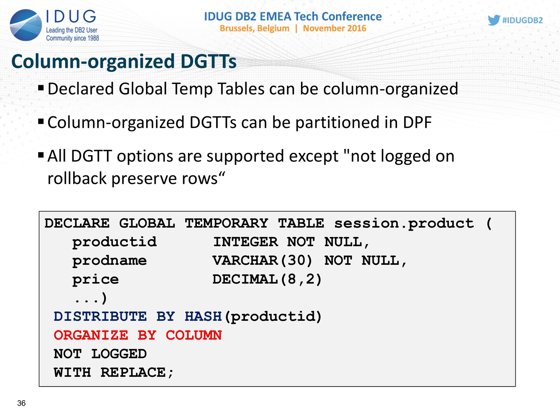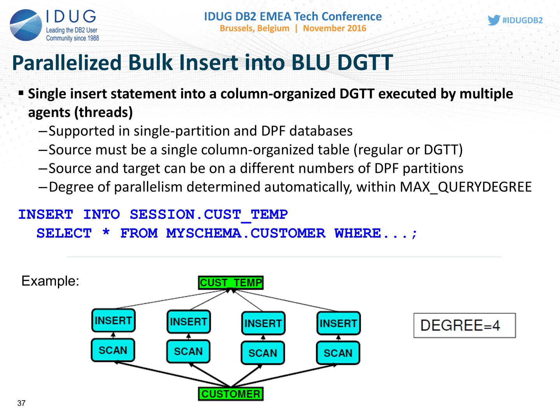All right, what else do we have? Yeah, so the inserts into such a column organized temp table can now be parallelized, which is really important for performance. Now, the subselect of such an insert from subselect would certainly always be parallelized in blue, right?